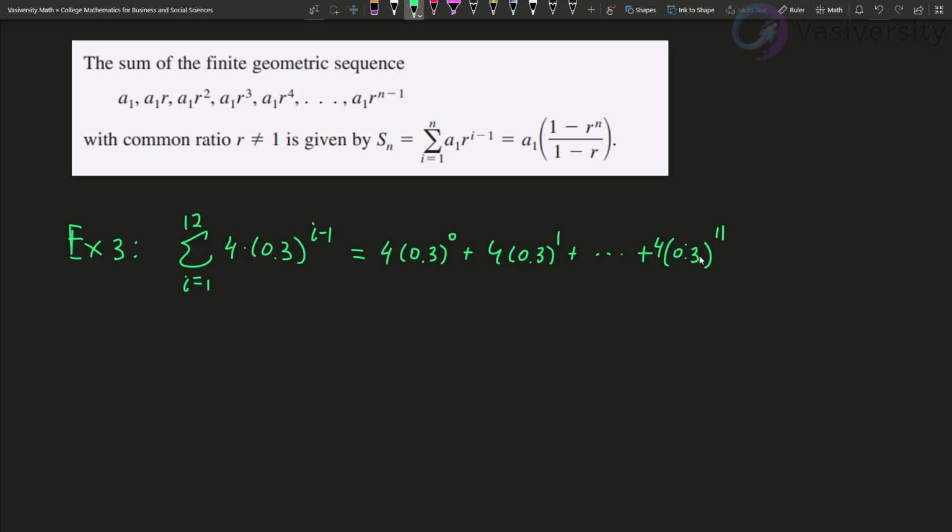So our a1 is equal to 4, r is equal to 0.3, and n is equal to 12. So we can go ahead and use that formula.